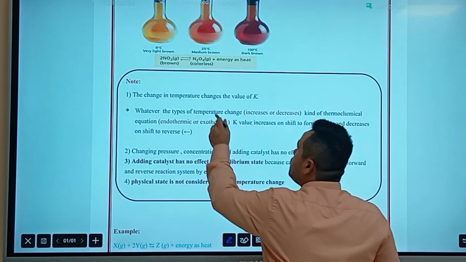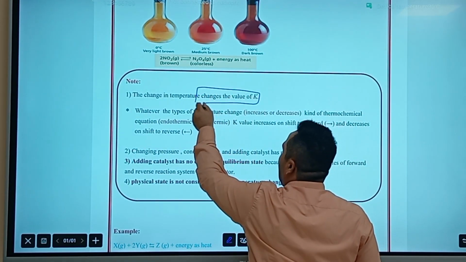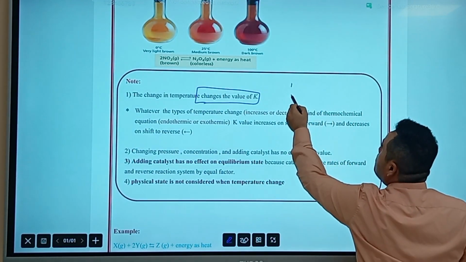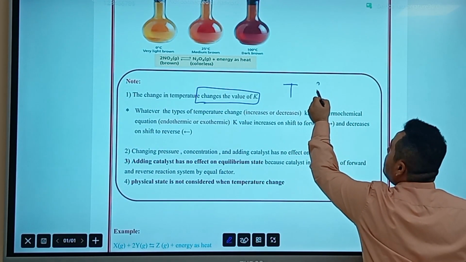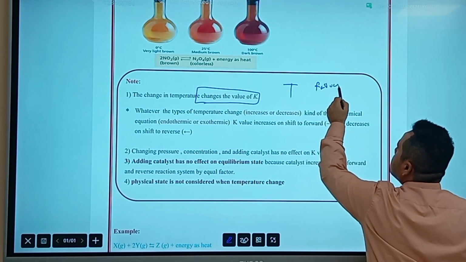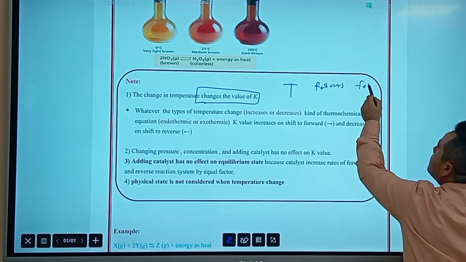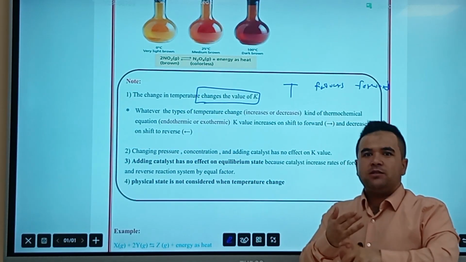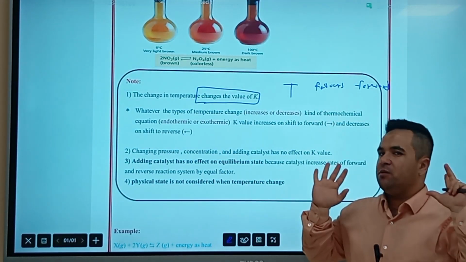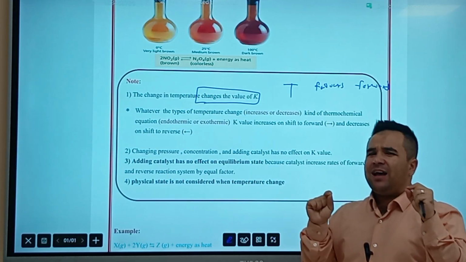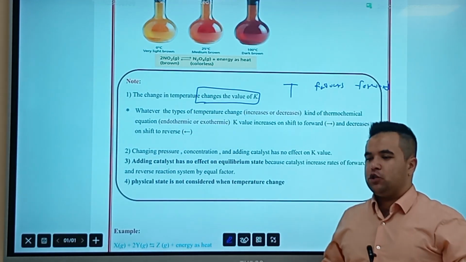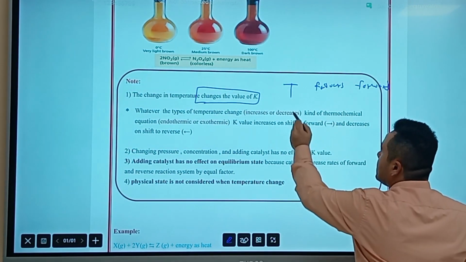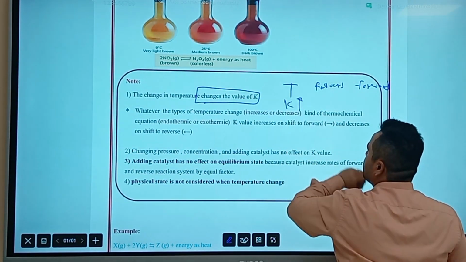The change in temperature changes the K. How does it change the K? It can be increasing or decreasing temperature in some cases. But whenever temperature favors the forward direction, in that case K will increase.